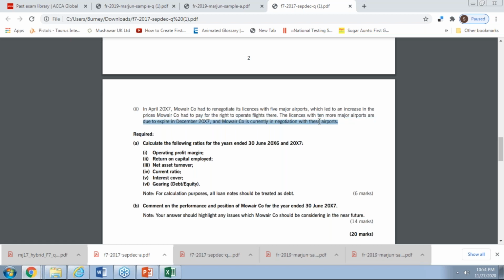If the company is not able to pay the license fee, then it might lose its revenue and profits because it will not be allowed to land on these airports. So these are the future impacts that we should discuss.